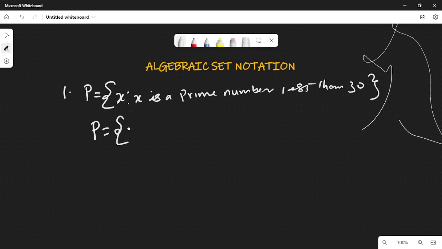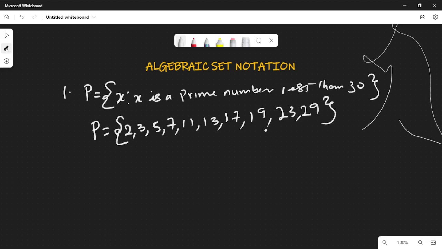That's going to be 2, 3, 5, 7, 11, 13, 17, 19, 23, and 29. And I think that's all. These are prime numbers less than 30. So you can see that we have been able to build set P. That's what we mean by set builder. Is that taken now?